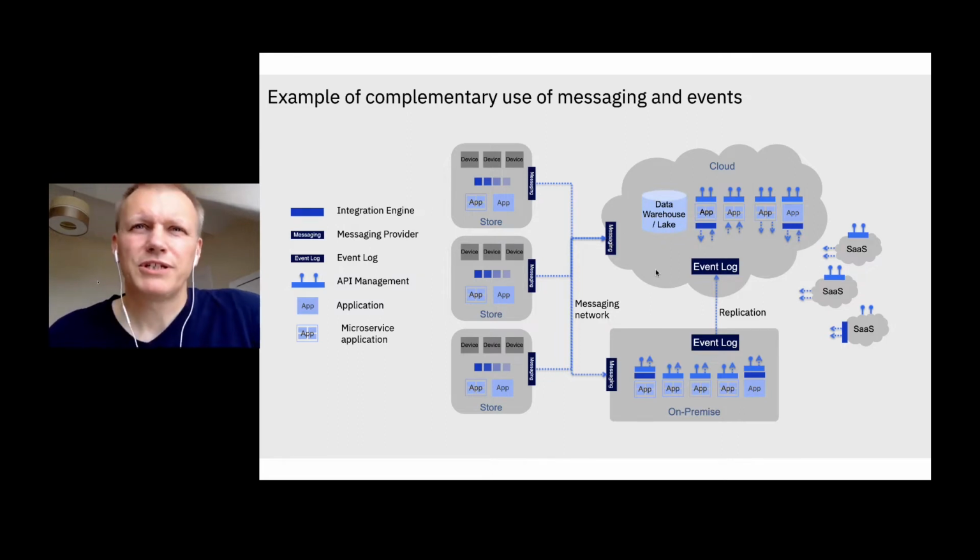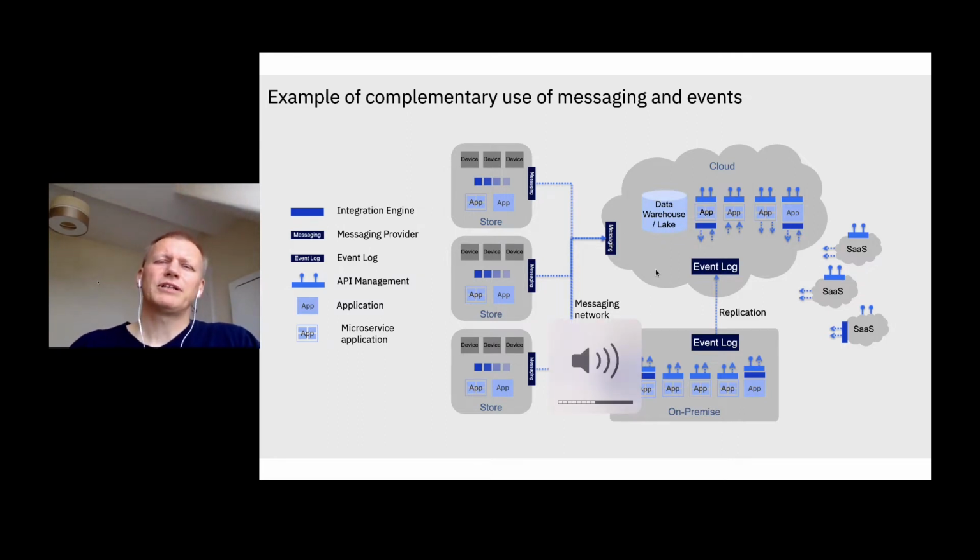And so we see the mechanism as well by which the messaging transfers things across those boundaries, those cloud boundaries, those domain boundaries, if you like, is different for messaging as it is for the event log.